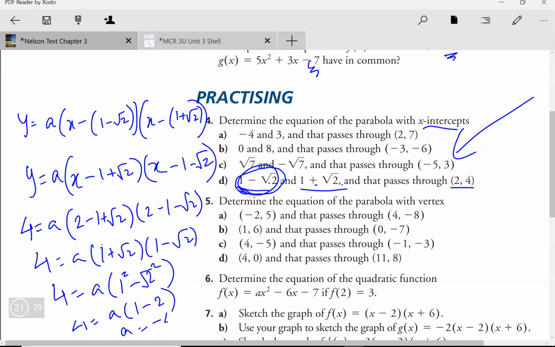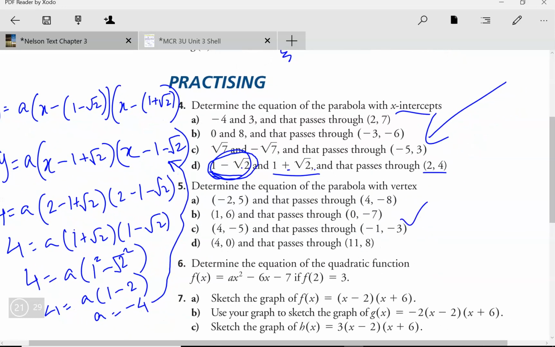So a equals negative 4, and I put that back up here and then I get my equation of the parabola. Vertex form, fairly easy stuff.